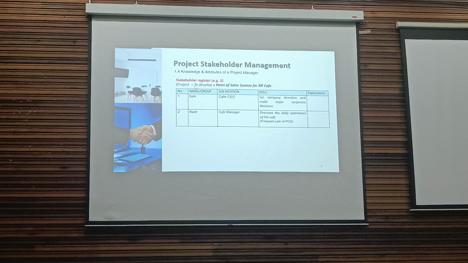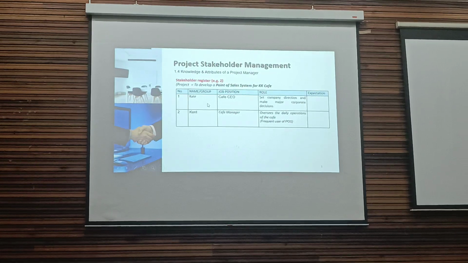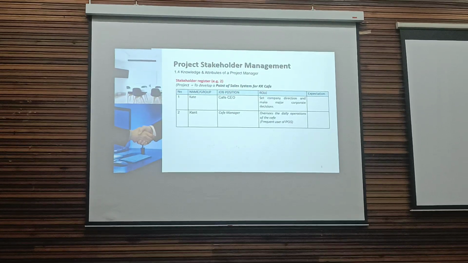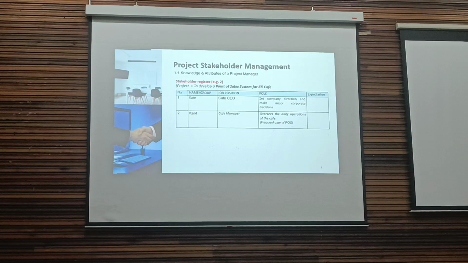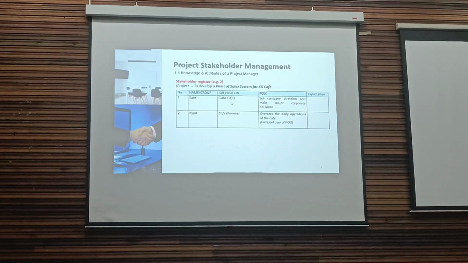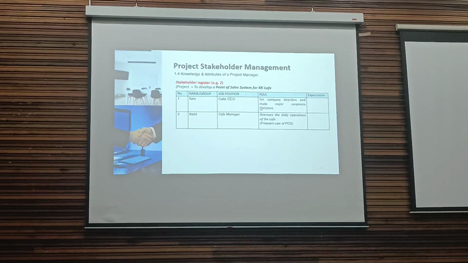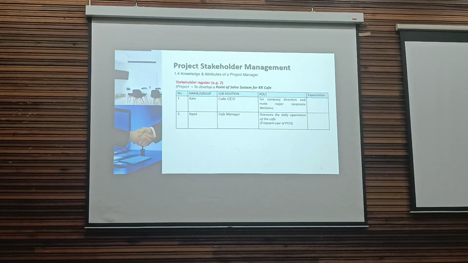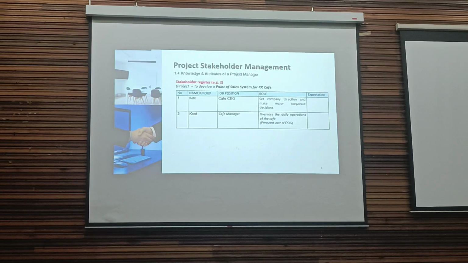So the project is to develop a point of sale system for KK Cafe. KK Cafe is a small company, a small cafe. The stakeholder Kate is the cafe CEO. As a CEO, she sets company direction and makes major corporate decisions.